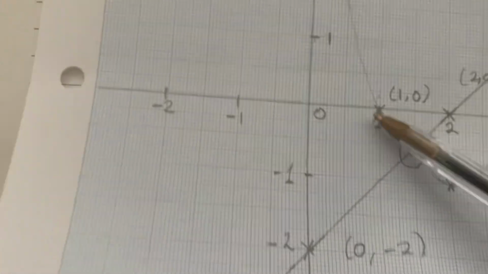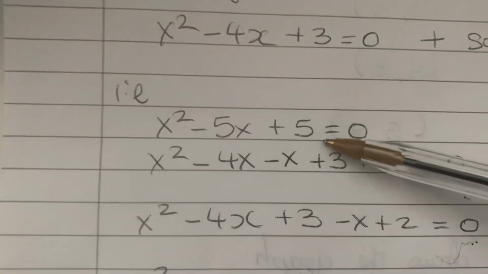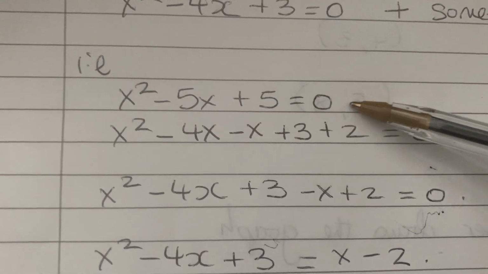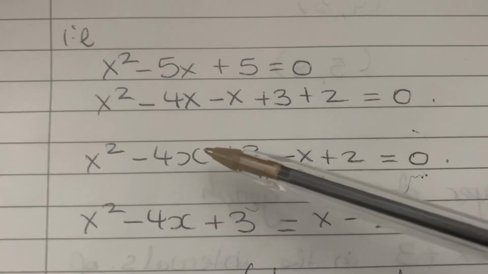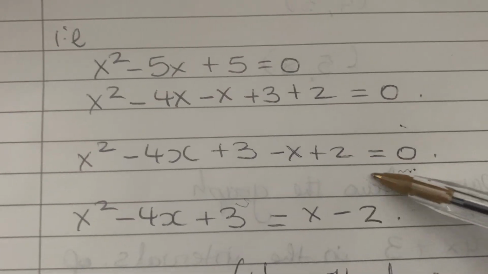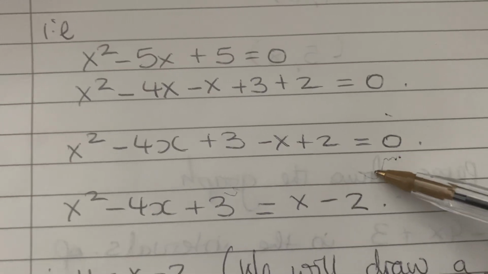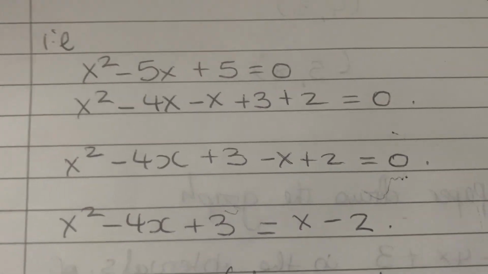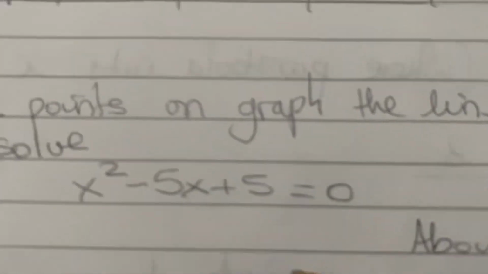Just by manipulating this equation, x squared minus 5x plus 5 equals 0, into the first parabola I drew and an extra linear equation, I can draw another straight line, superimpose it on the first graph, so I don't have to draw another parabola, and then use that to solve this equation.